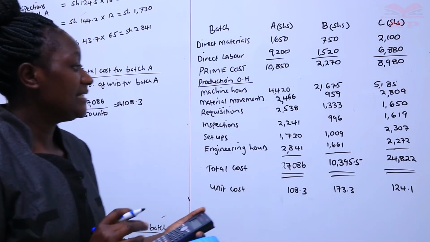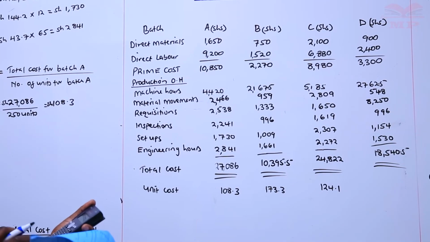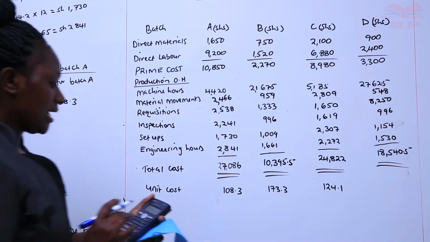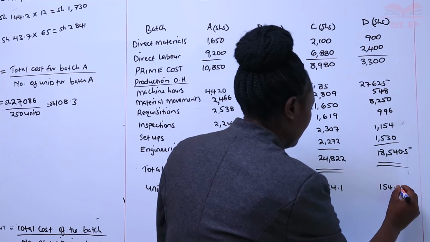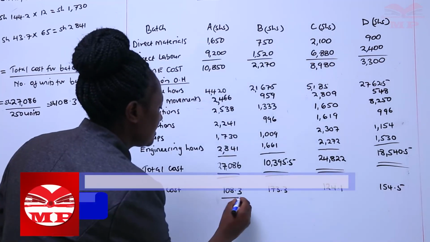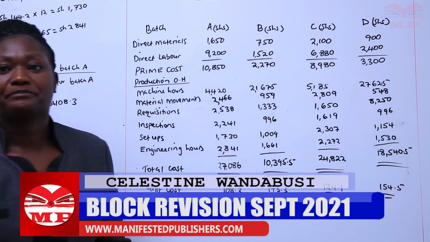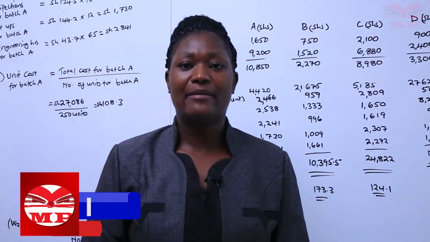And the last one, D, will be 18,540.5 divided by 120 units, and this will give us 154.5. And this is the unit cost for each batch. And this leads us to the end of question number 2.